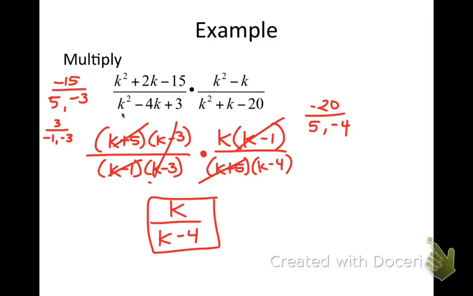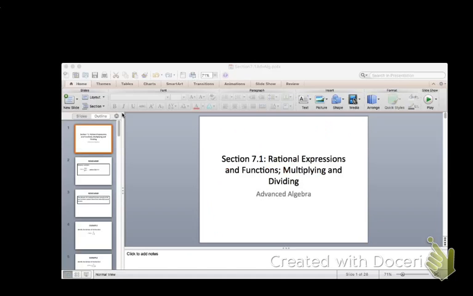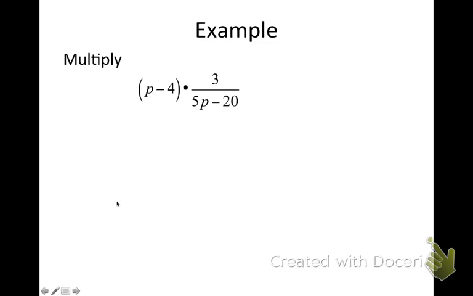All right, let's do one more and then we'll do some practice. P minus 4 times 3 all over 5p minus 20. It's the only thing that's going to have to factor.